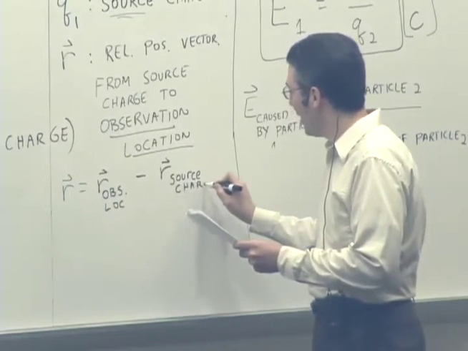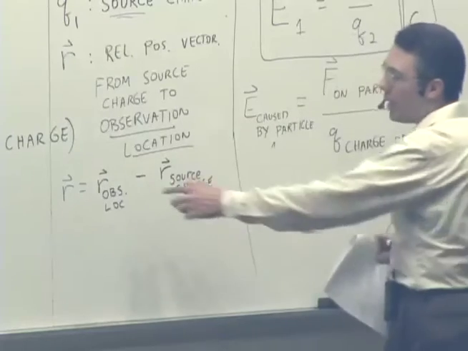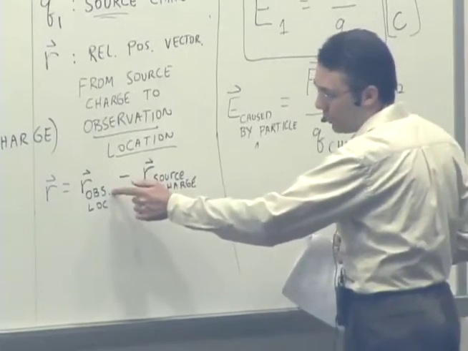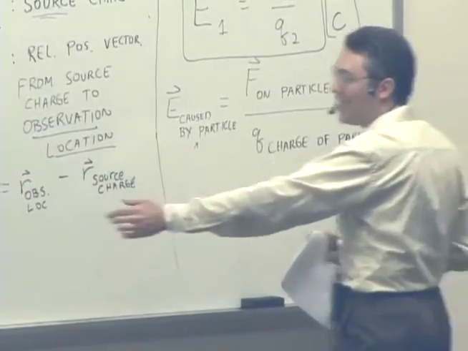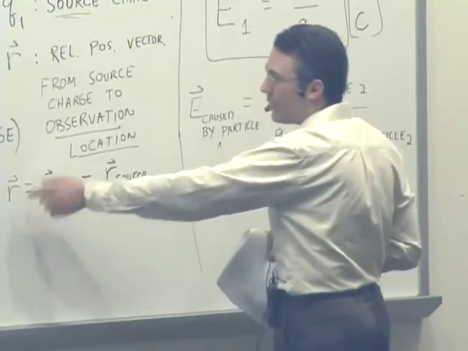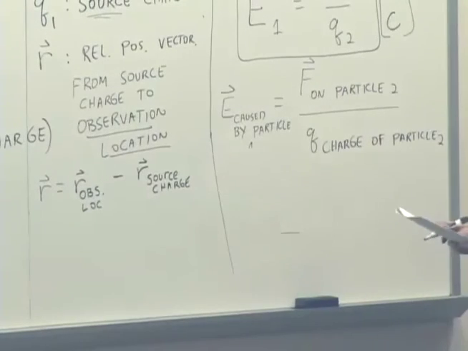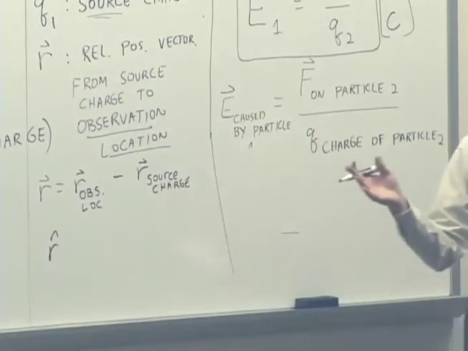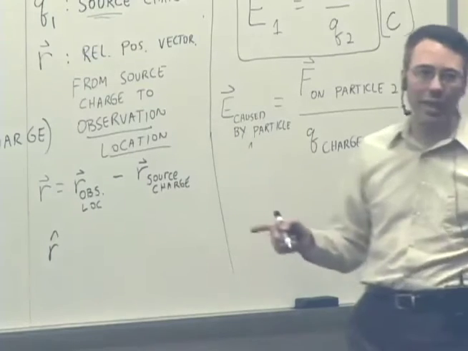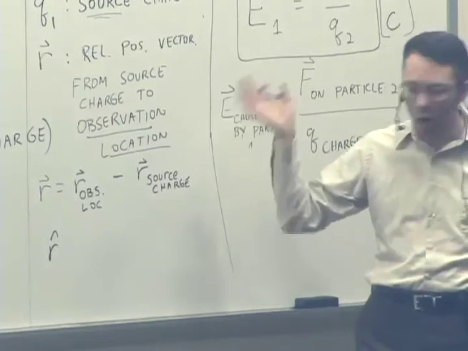Okay. There's a lot of R's floating around here, but this means the position with respect to the origin of the observation location, minus the position with respect to the origin of the source charge. This is the relative position vector that points from one to the other. Okay. And then what's R hat? That's a unit vector that points in the same direction as R, right?